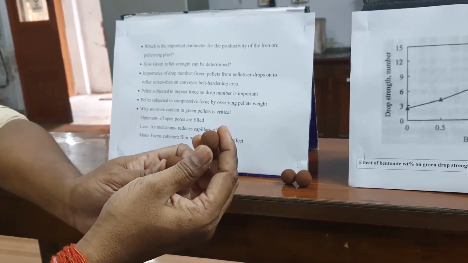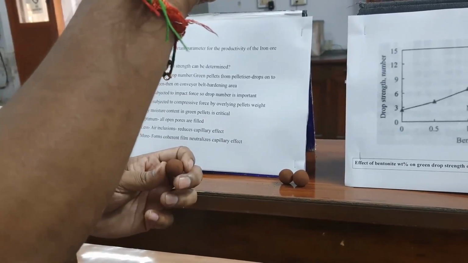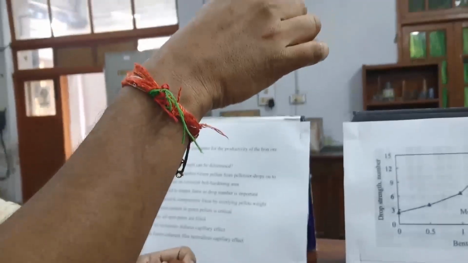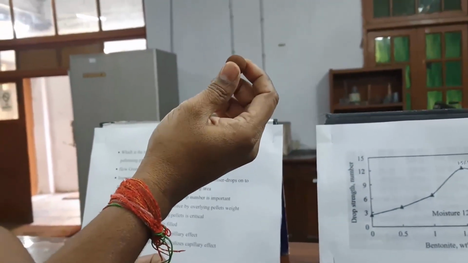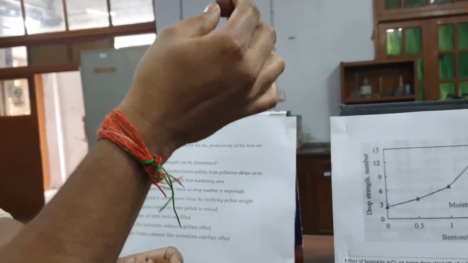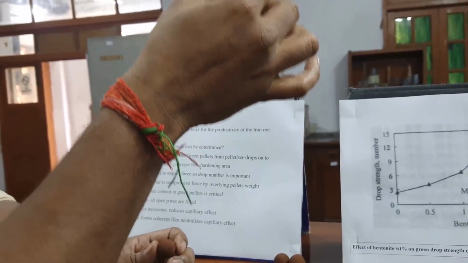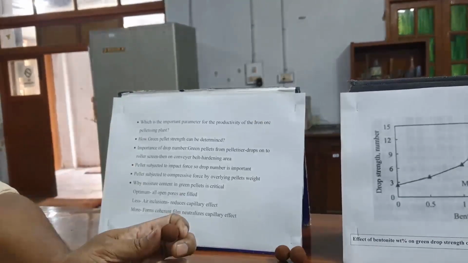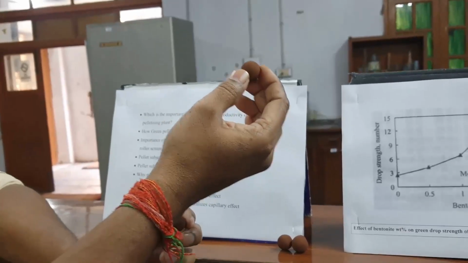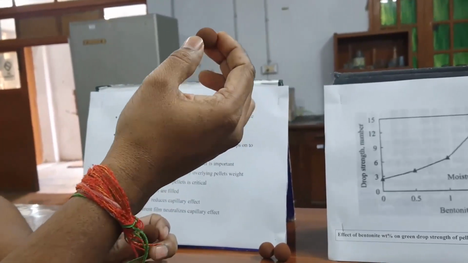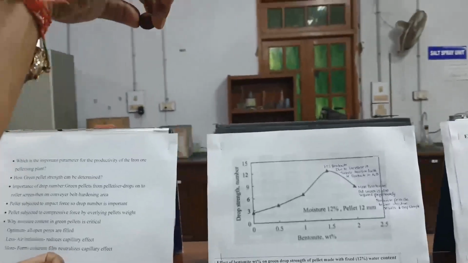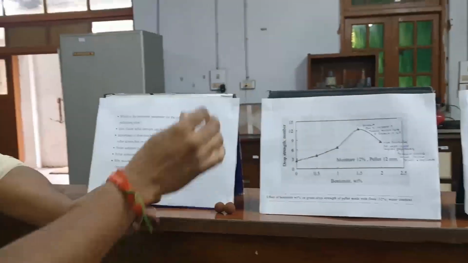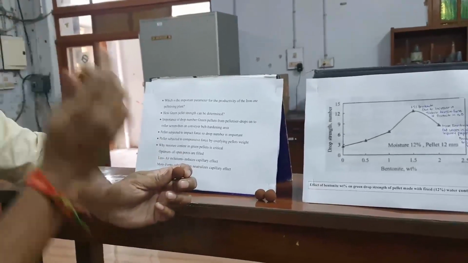For calculating the drop strength, it is very easy. We only have to drop the pellet from a height of 450 mm onto a steel plate. Suppose I want to check the drop strength of these pellets. I will leave this ball from 450 mm height, and it will fall on the steel plate.